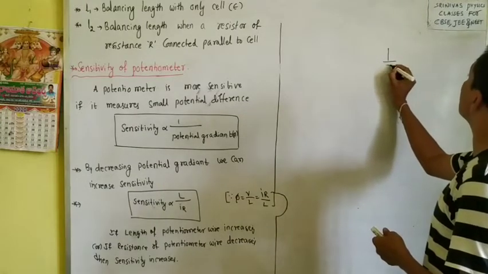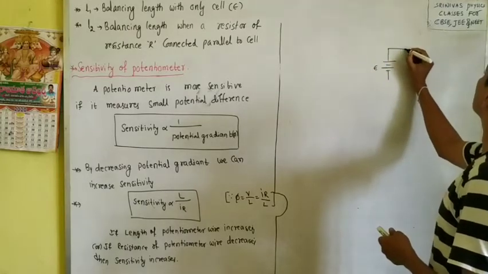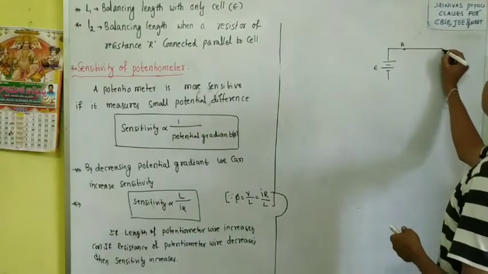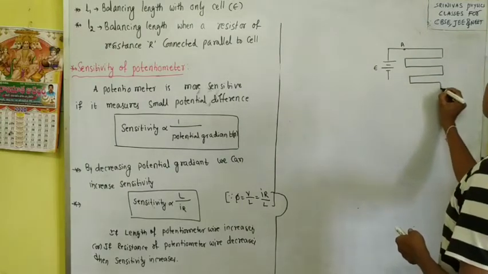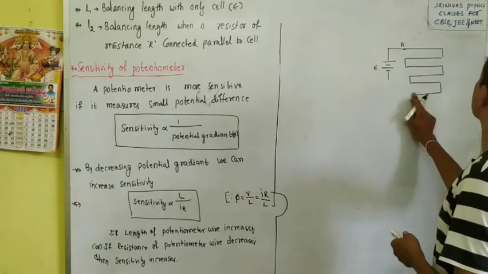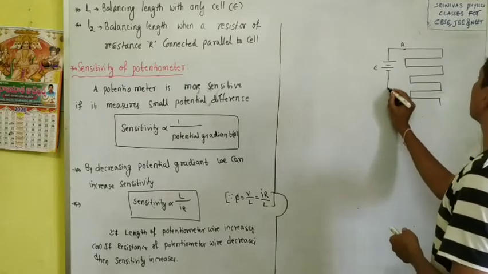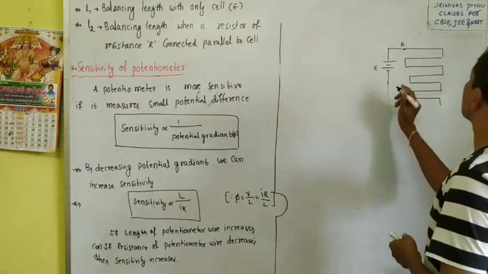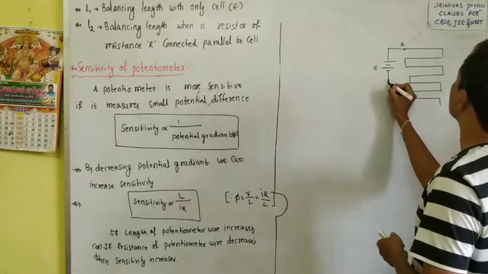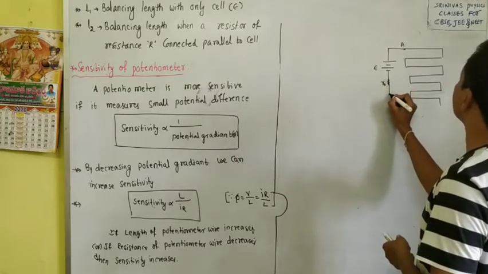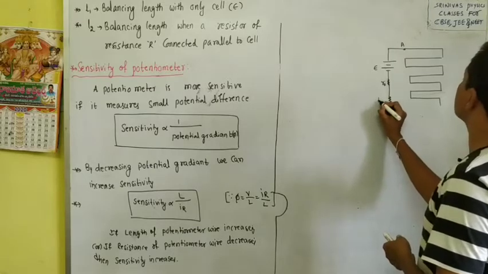For example, we have the circuit. This is the cell whose EMF is E, and this is A. Internal resistances are not considered, and this is the series resistance RS.